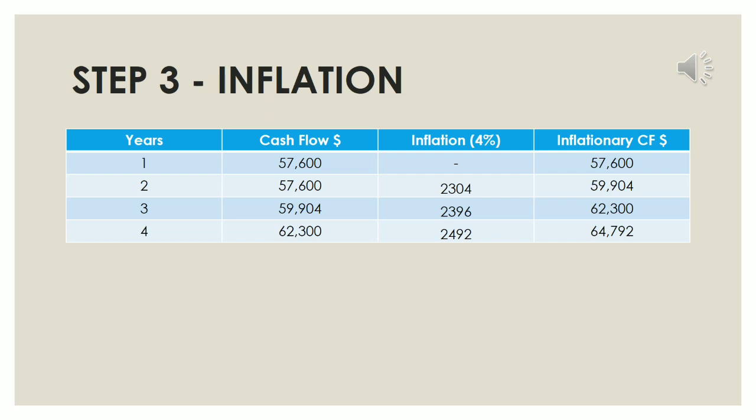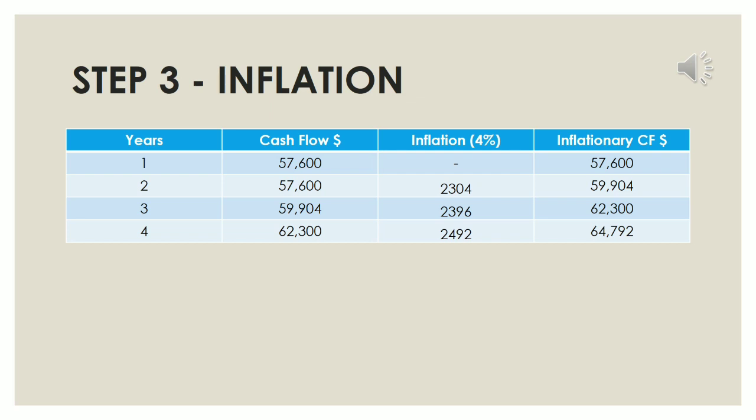The end value of the previous year will be set as the current year's cash flow. We have a 57,600 cash flow each year, but because of inflation, this amount is changing each year.